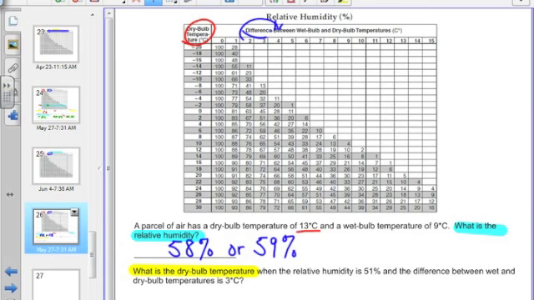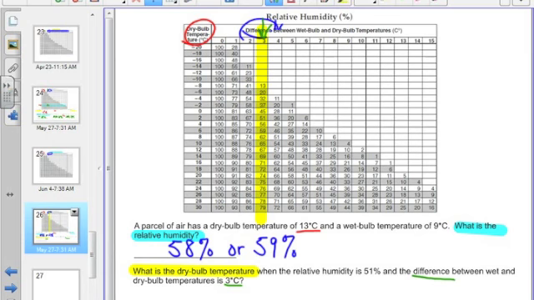Okay. What do we have? We have the difference between wet and dry bulb is 3 degrees Celsius. So 3 degrees is my difference. That's my column right here. So I'm going to highlight that column because I'm going to keep my eyes there. The other thing that can help me narrow down to a row is the value they give us of relative humidity.